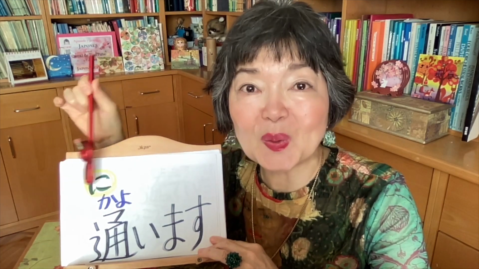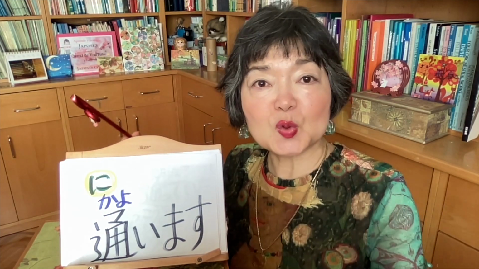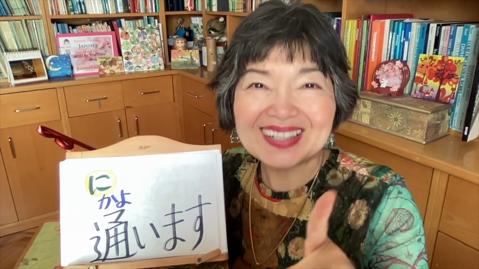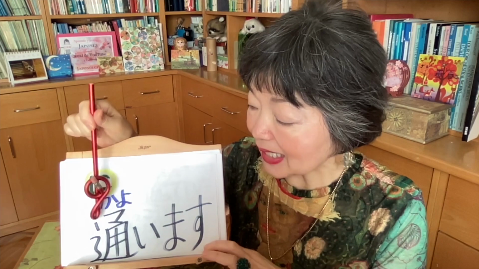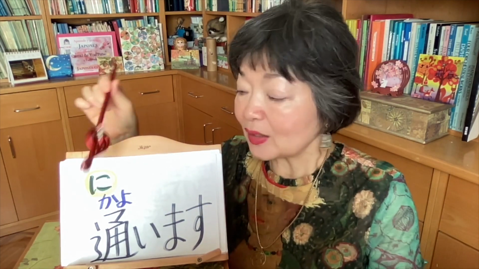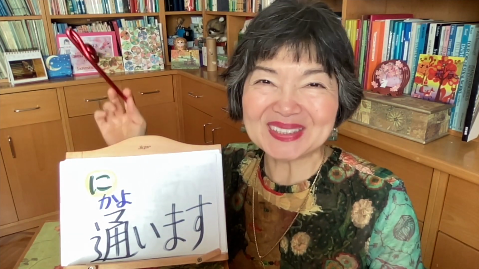For example, 学校に通います. Because I go to school not only one day, right? From Monday to Friday. So this is 通います, to go to learn at school. At first, we're going to think this sentence.